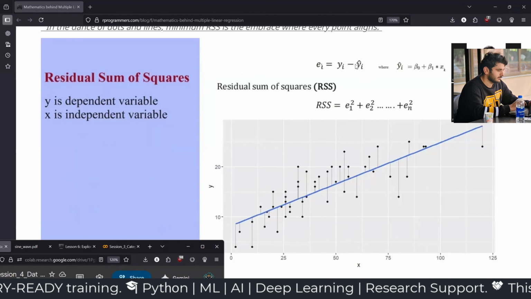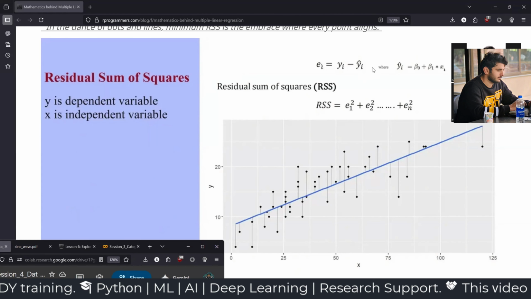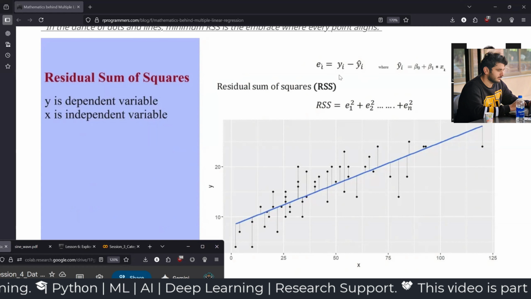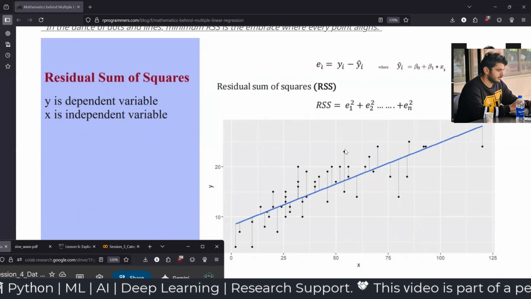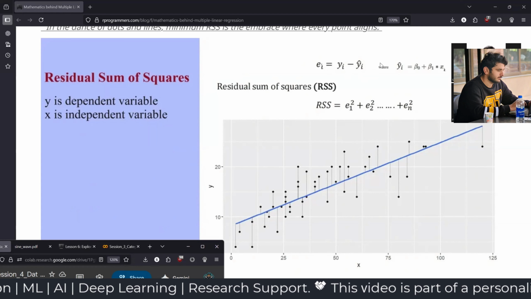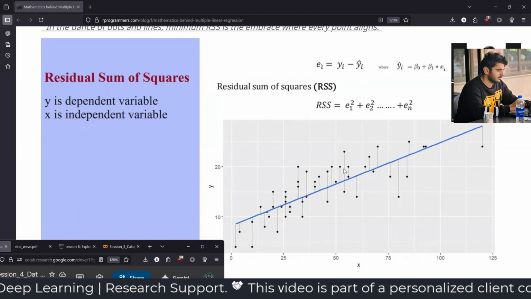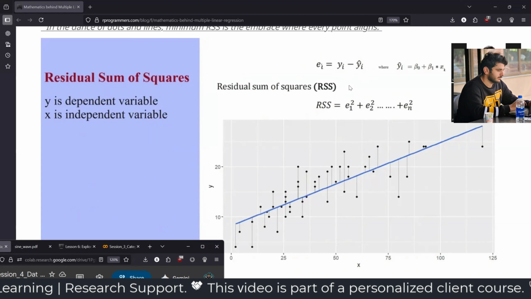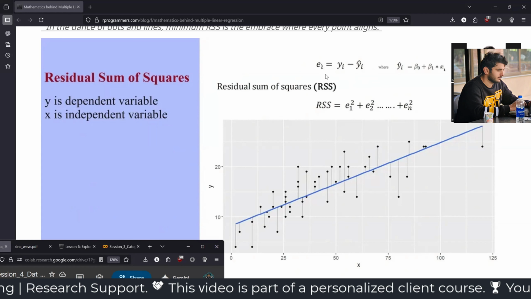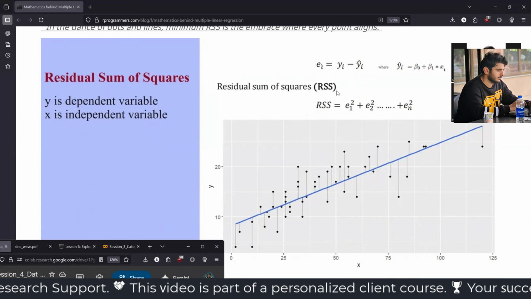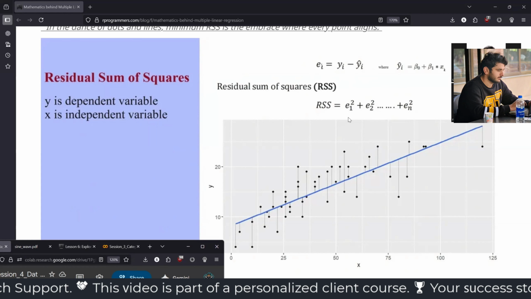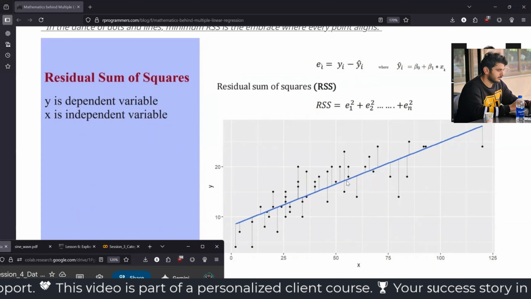So these are the predictions from the linear regression, and this is the actual value of the particular point, right? When we take the difference between them, we get a distance, and this is what we call a residual: what remains if we subtract the predicted value from the actual value.